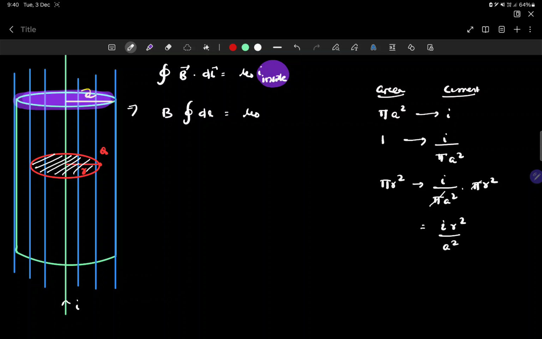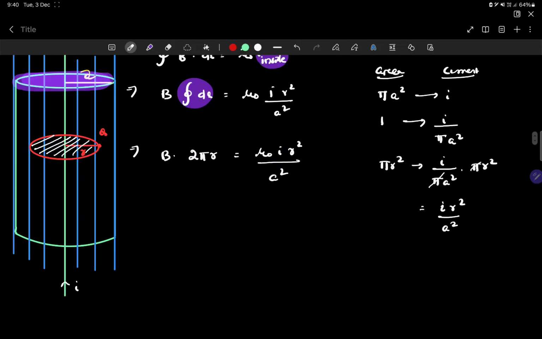So instead of I inside, we can write I r square by a square. Again, what is this closed integral dl? This is the perimeter of the Amperian loop. So we can write B into 2 pi small r equals mu naught I r square by a square.